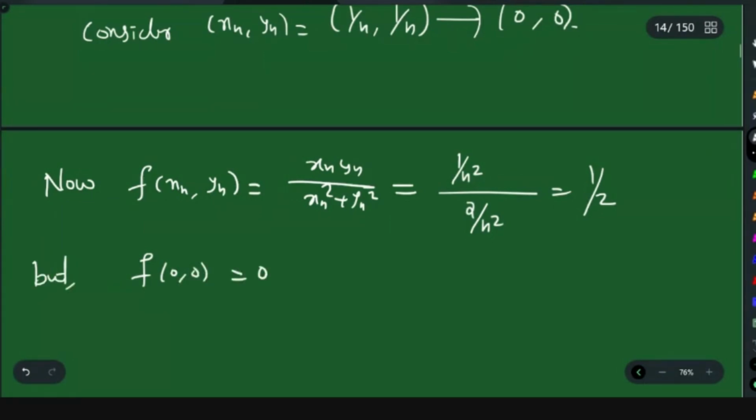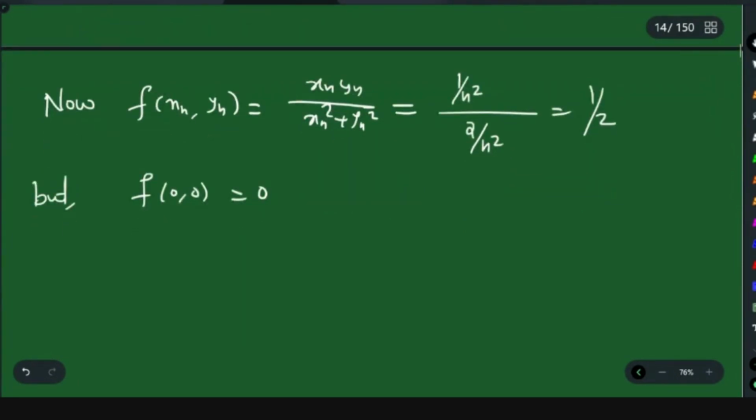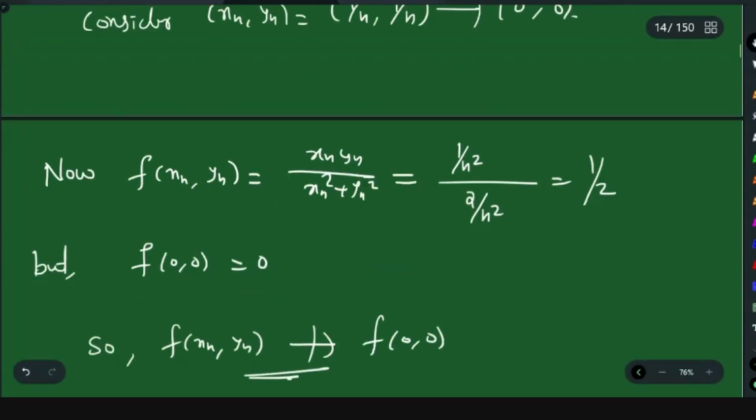So f(xn, yn) does not converge to f(0,0). That means f is not continuous at (0,0).